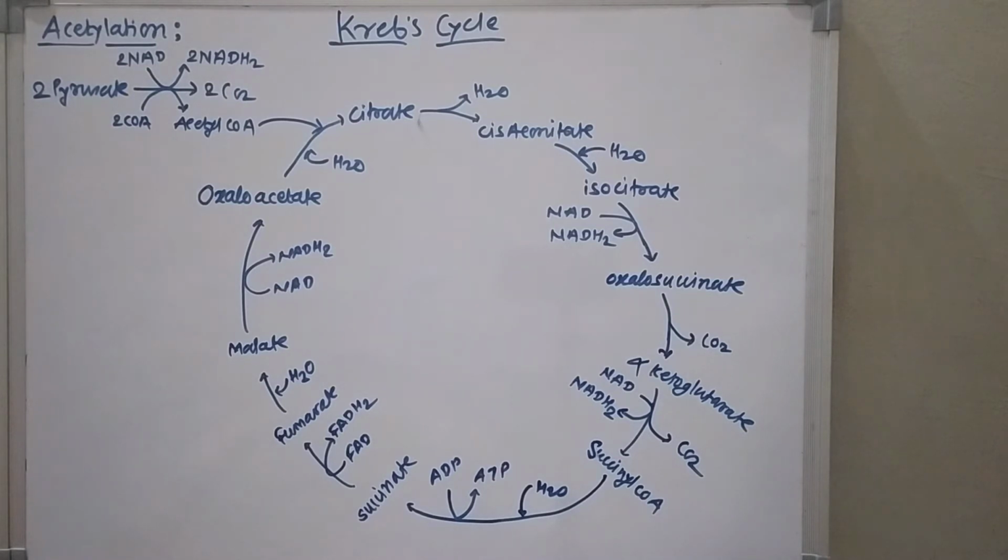Or we can also define it as the respiration which takes place in the presence of molecular O2. Aerobic respiration is completed in the following steps: glycolysis, acetylation and Krebs cycle. We discuss them one by one.